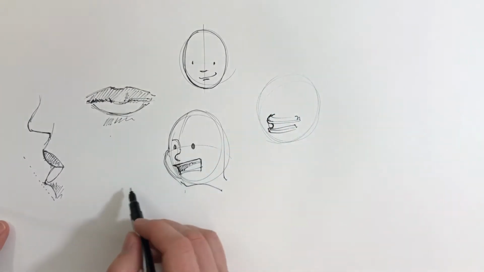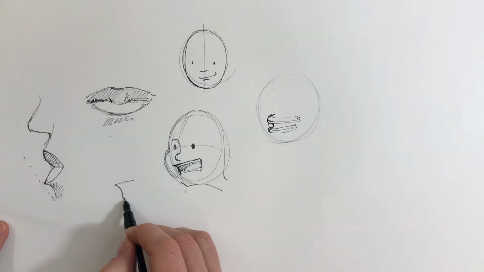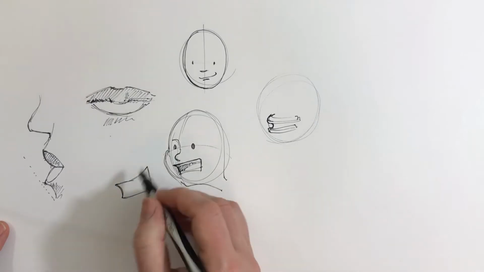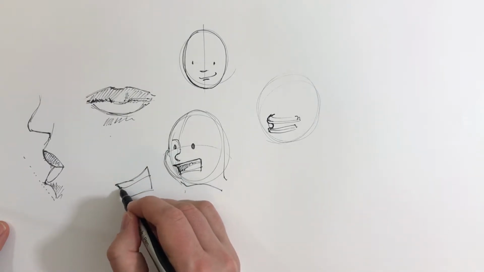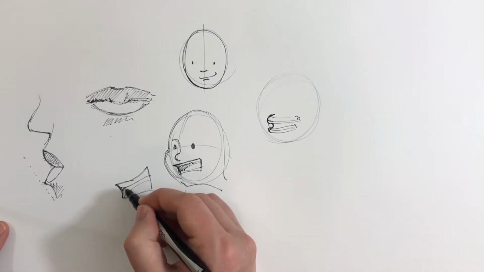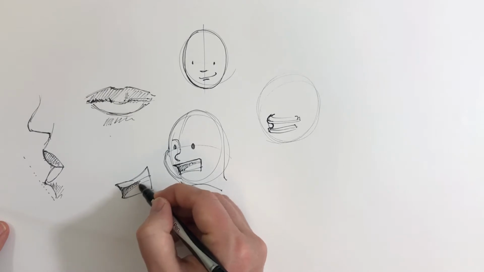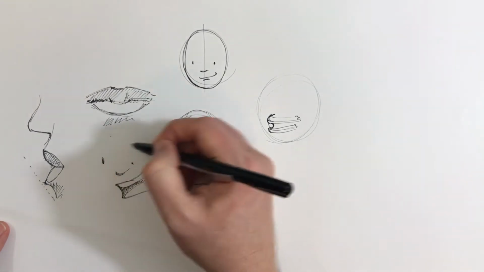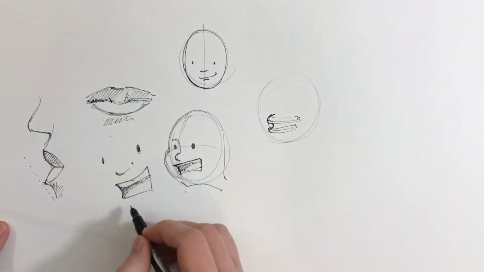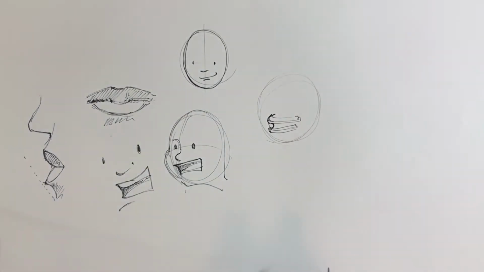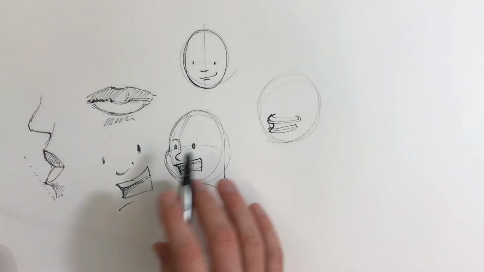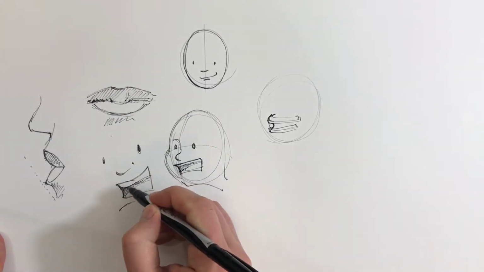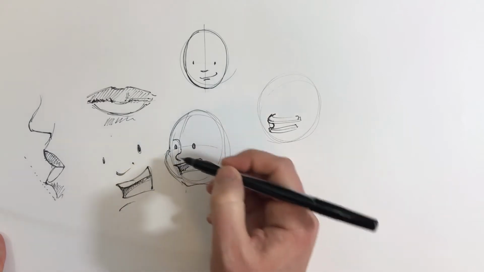So it's simplifying that shape. It's a really simple way to not necessarily cheat, but just trick the eye into thinking there's a little bit more perspective there. So that's one thing that I like to do.